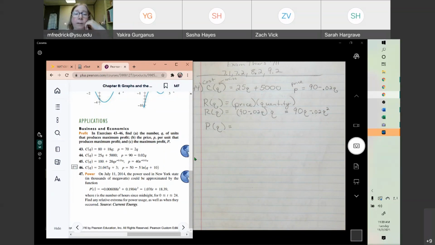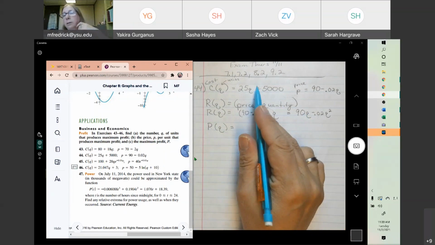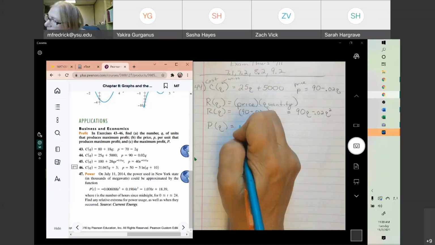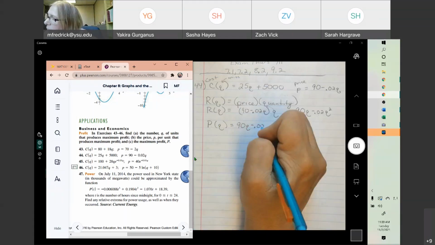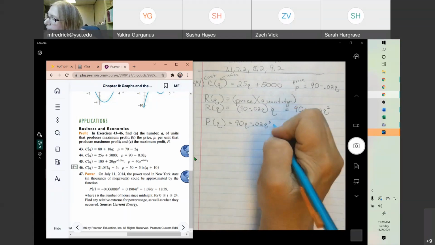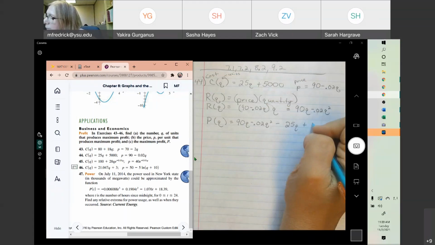We need profit. Remember, profit is revenue minus cost. My revenue, 90Q minus 0.02Q squared, minus my cost, 25Q plus the 5,000.